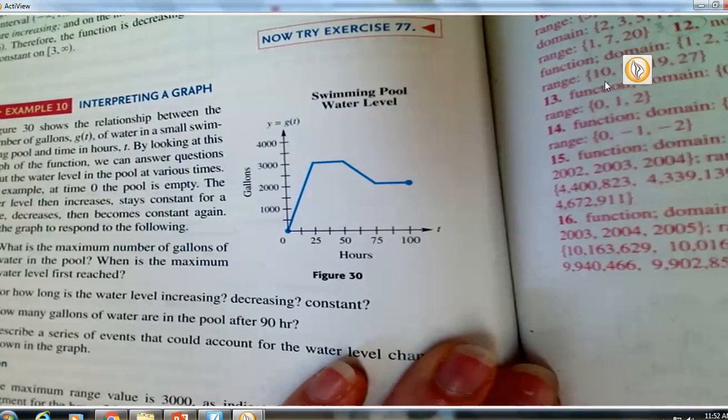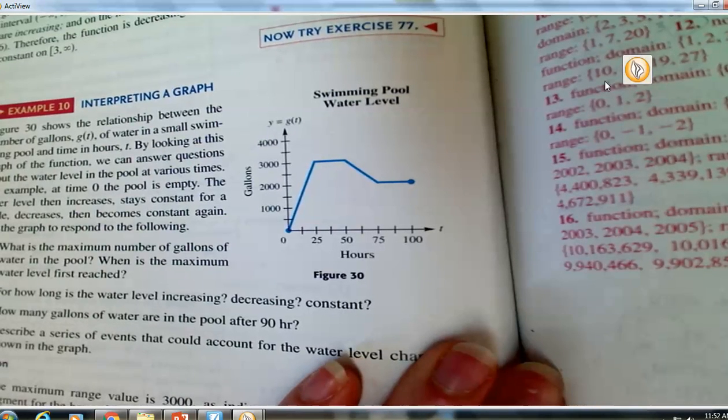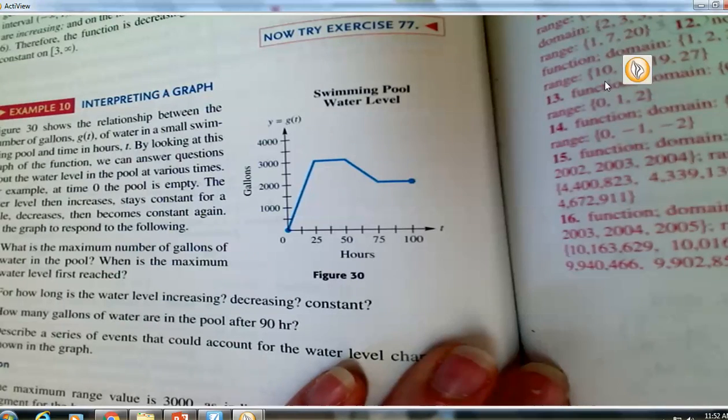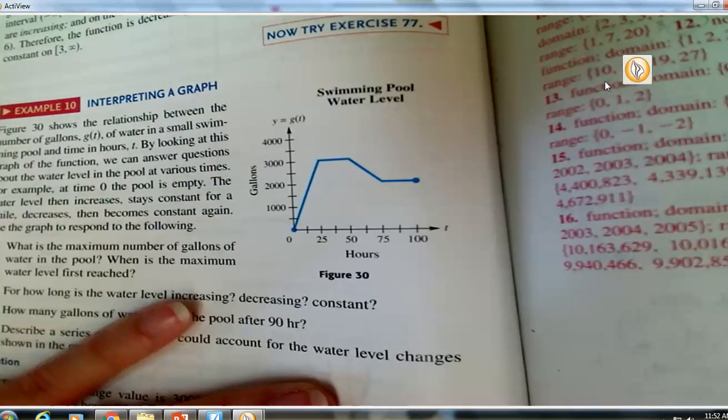Okay, so it tells us, this shows the relationship between the number of gallons of water in a small swimming pool and the time t in hours. By looking at the graph, we can answer questions about the water level at various times.